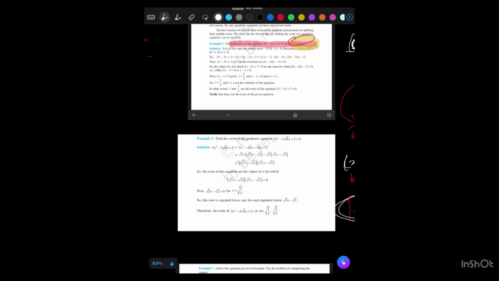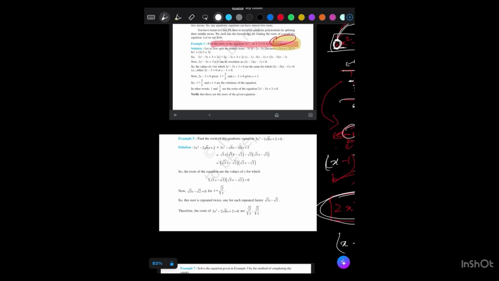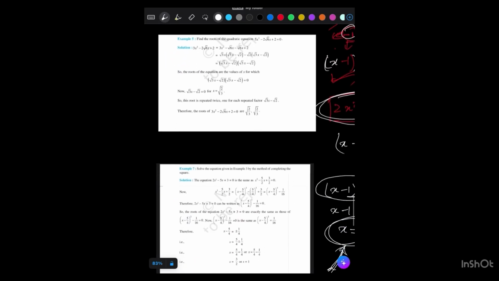If it were a live interaction, I would be able to do more, and I could ensure that 100% of students would be able to understand. But since it is not, if you have any doubt, you can ask in the comment section, right? So this is enough for factorization, because it's already coming to more than 20 or 30 minutes. So we have to see one more thing, right?